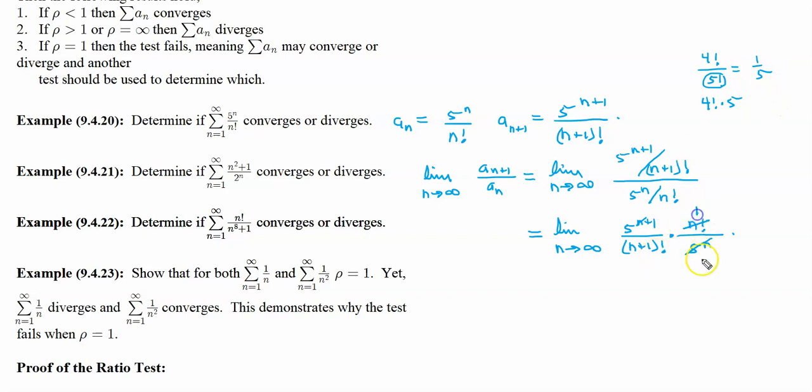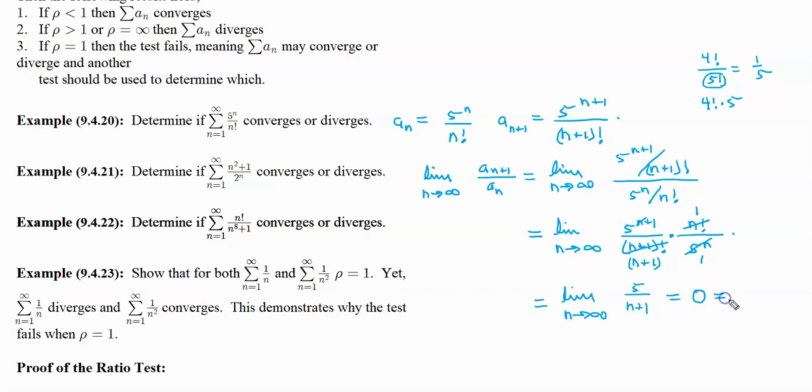So this will cancel with this, leaving just an n plus 1 in the denominator. And so what we finally get is the limit, and there we go. So that's what the limit of the a sub n plus 1 over a_n terms is equal to. It's the limit of this quantity, and of course that is equal to 0.